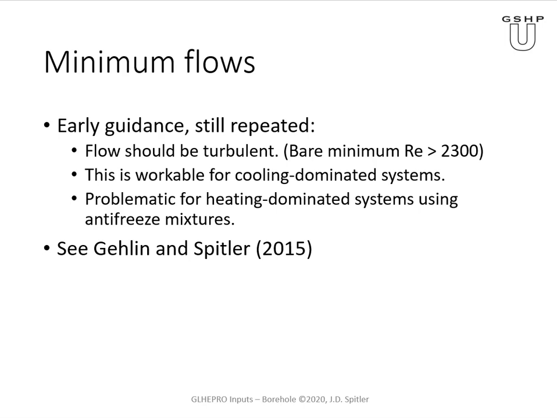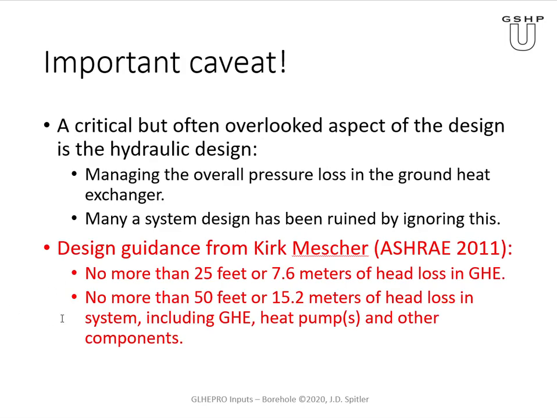So actually, in the previous slide, I mentioned that ways to exceed this and make a bad system include valves and small diameter pipes in the U-tube and so on. I should have said it also includes oversizing your pump, so that you end up with too high a flow rate.